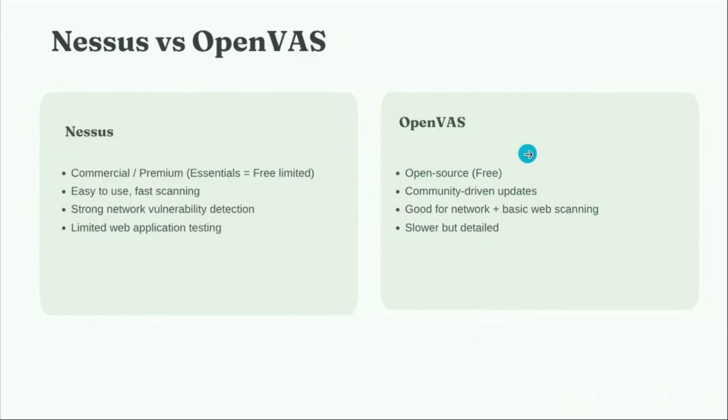OpenVAS supports network and also web scanning, but compared to Nessus, it takes much more time. This is because its set of configurations and default data for scanning are more vast, so it is slower, but it gives a more detailed report compared to Nessus.